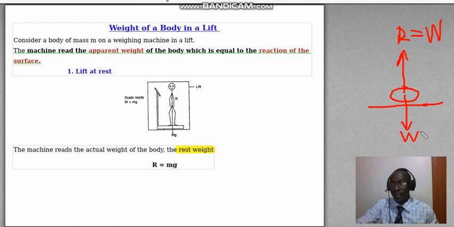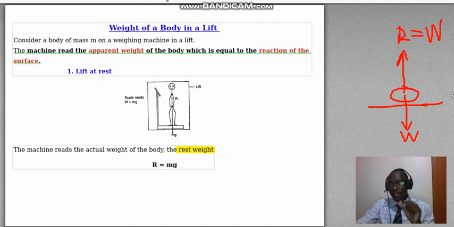That means the weight of this body, what we call the rest weight, or the actual weight of that body, is equal to the reaction for this body to be at rest at that given surface. And if the two forces are equal, there is no net force. The net force is zero.